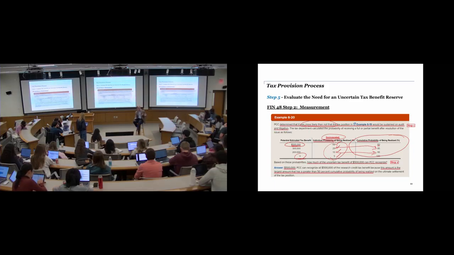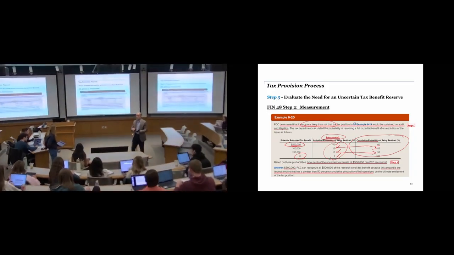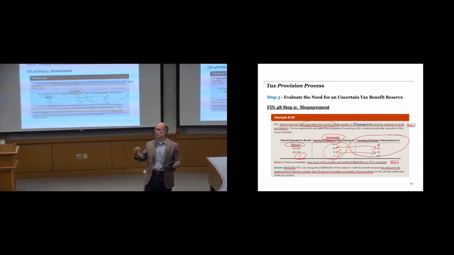So the 500,000 is good here because I have a 60% probability of winning 500,000. I get a pretty good position here. It's not certain. I have a 40% chance I could lose. Right? This is an area where there's no certainty in this particular issue, so I could lose on this topic. So I just don't have to reserve it.